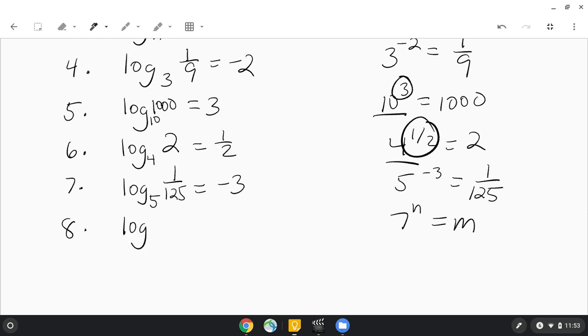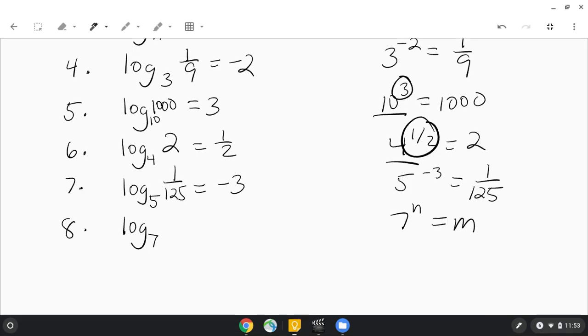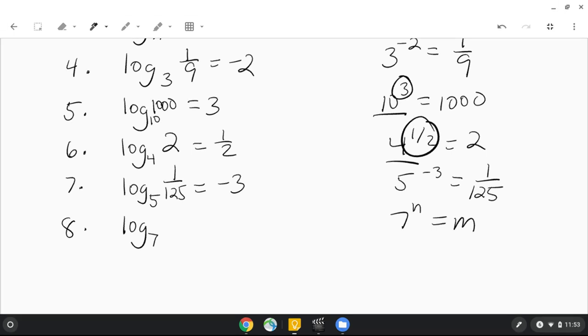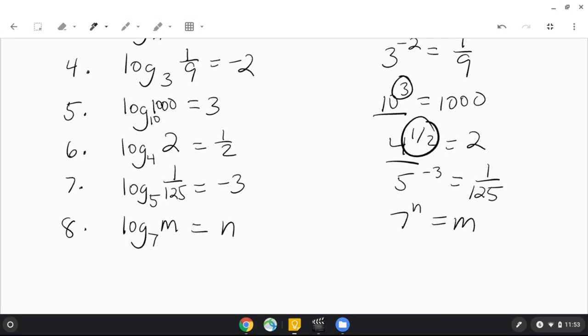Okay, so base 7, so we will have log base 7. The exponent is n, so n is on the outside, and m should be on the inside. Okay, so that's how you go back and forth between the two forms.